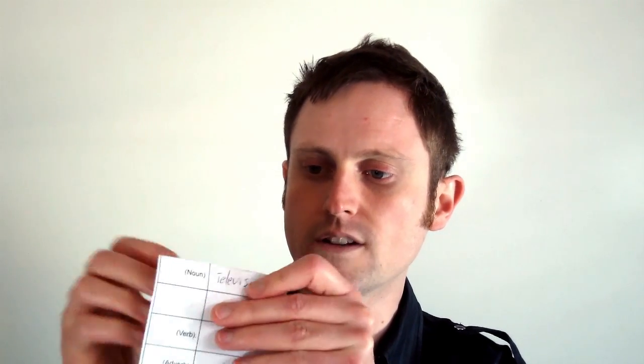So they're just going to have a think, look around the classroom, and let's just think television. So the next player has written television, and then they also need to fold it so that the next player can't see what they wrote.